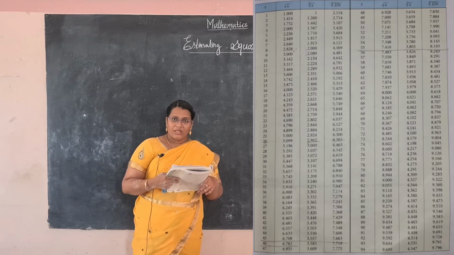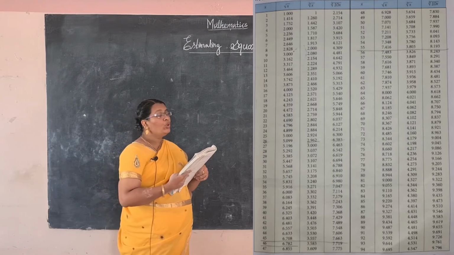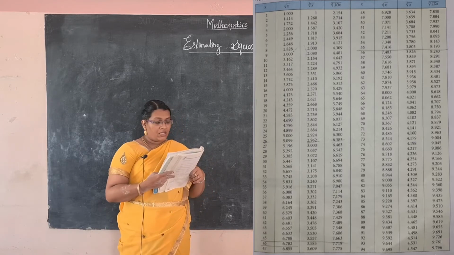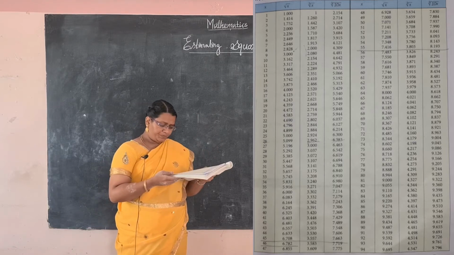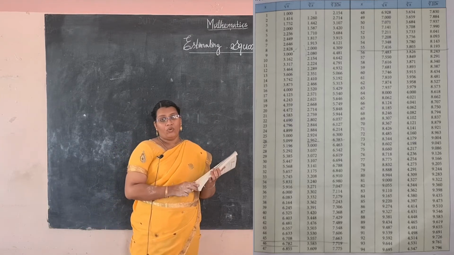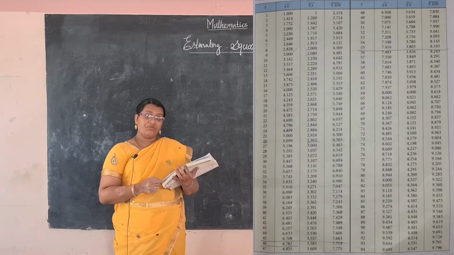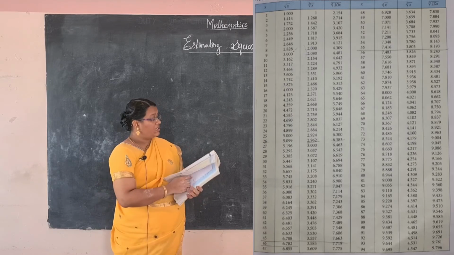And the fourth column represents the cube root of 10x. The x value is given from 1 to 94. In your book, page number 57 has that. You will see the image on the board.